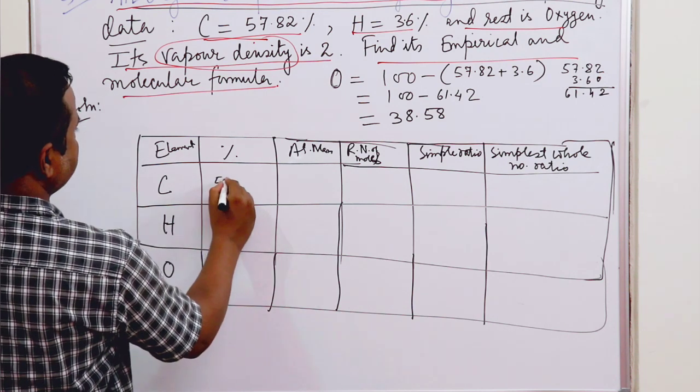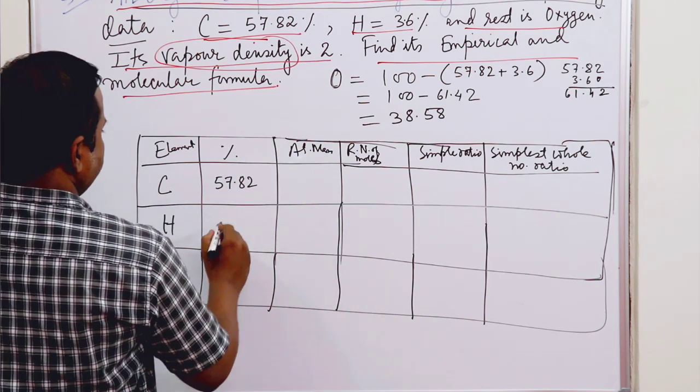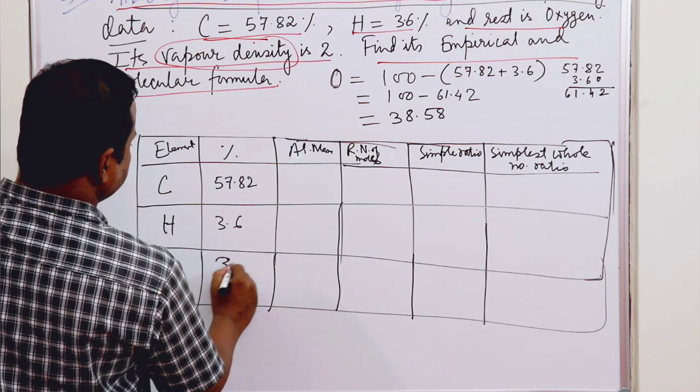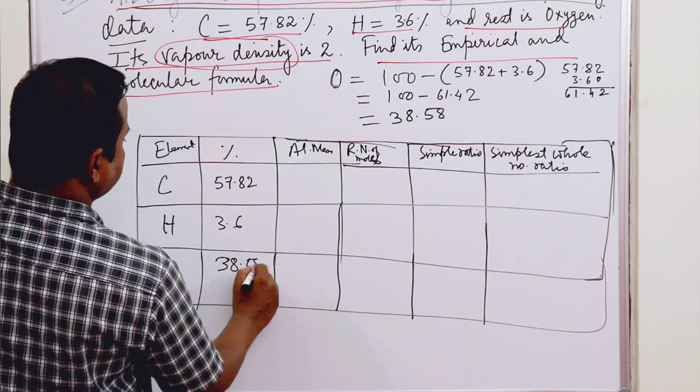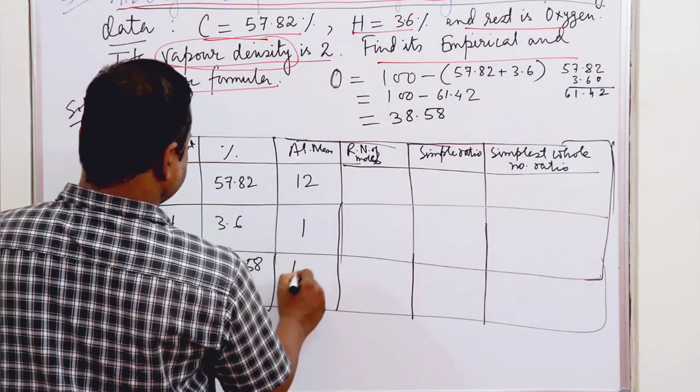Carbon's percentage is given as 57.82, hydrogen 3.6, and oxygen we have calculated as 38.58. Atomic mass: this is 12, this is 1, this is 16.